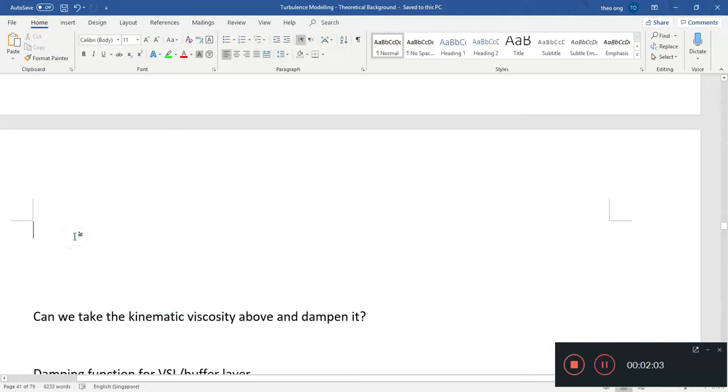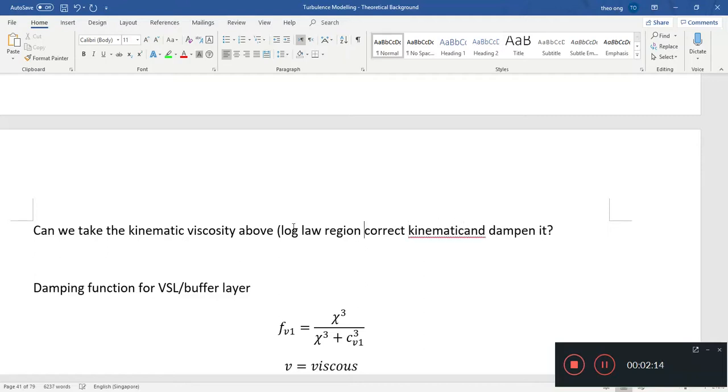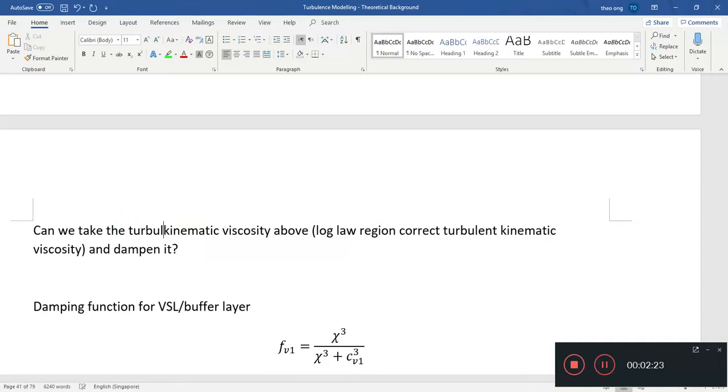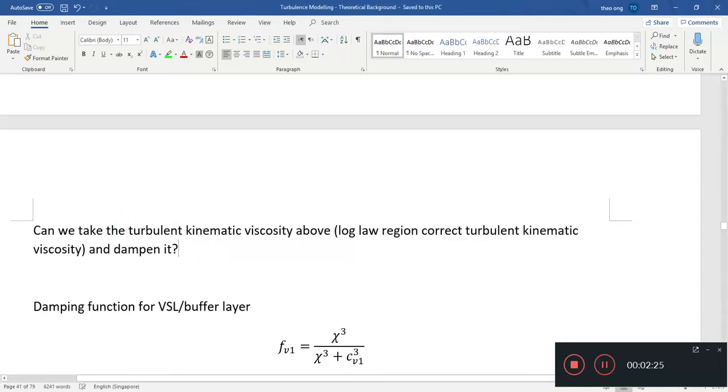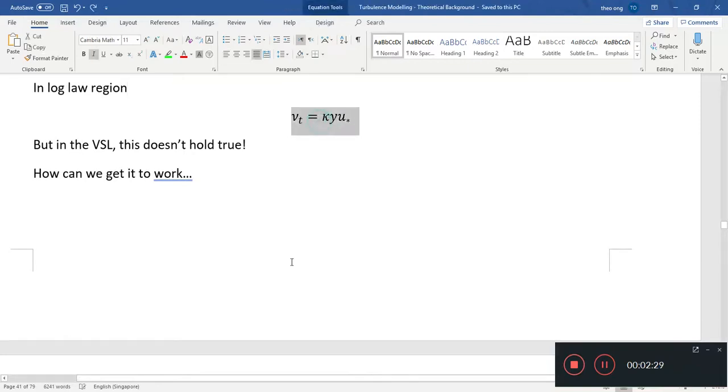The basic idea is to take the turbulent kinematic viscosity from the log law region above, and then we dampen it.